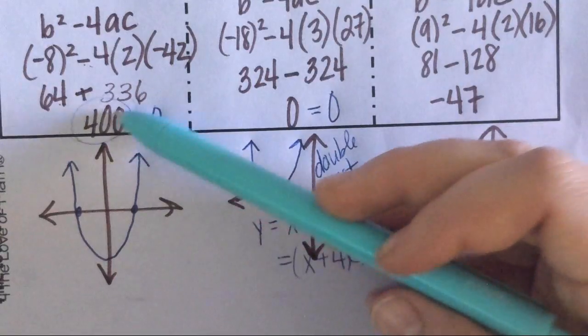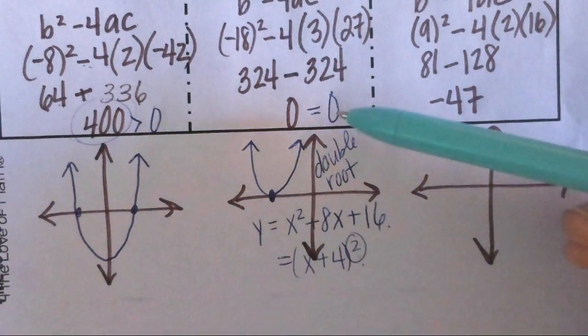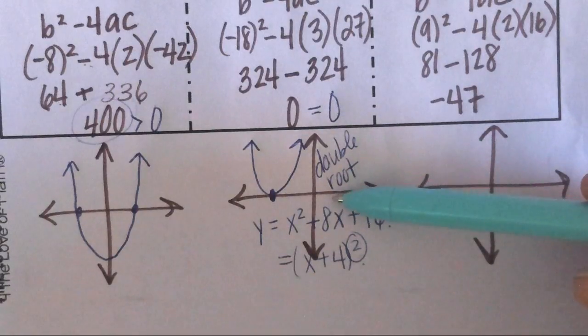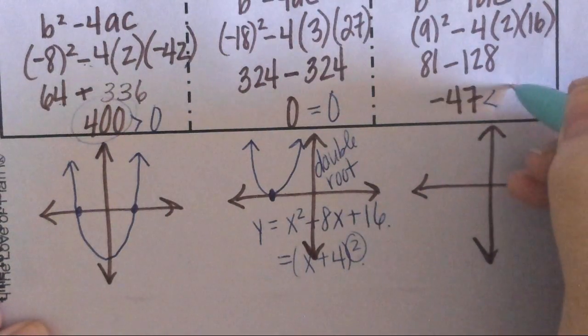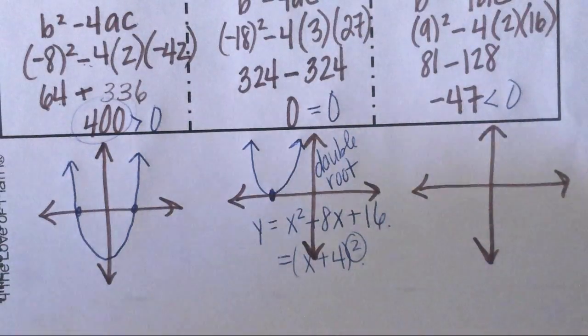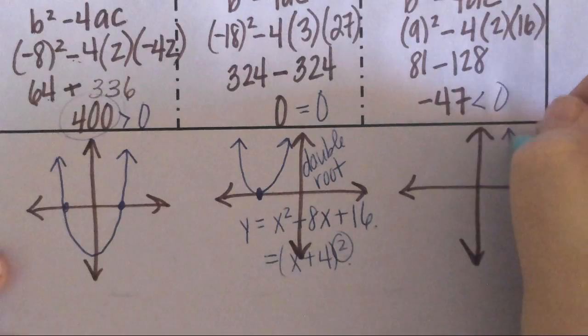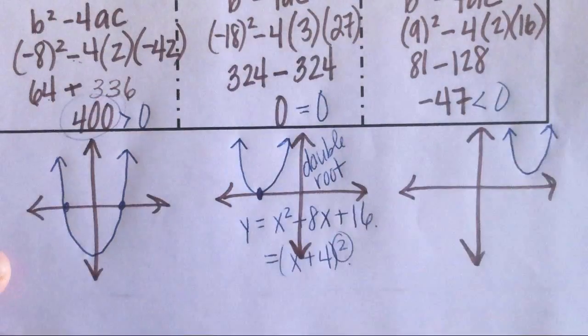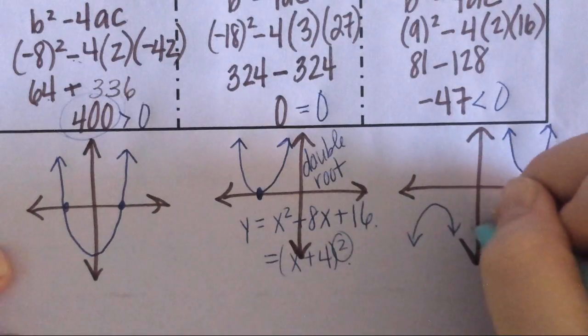If you get a bigger number than 0, it crosses twice. If you get a number equal to 0, it crosses once. And if you get a number less than 0, what do you think happens then? It doesn't cross at all. So it could look like this, or like this, or even this.